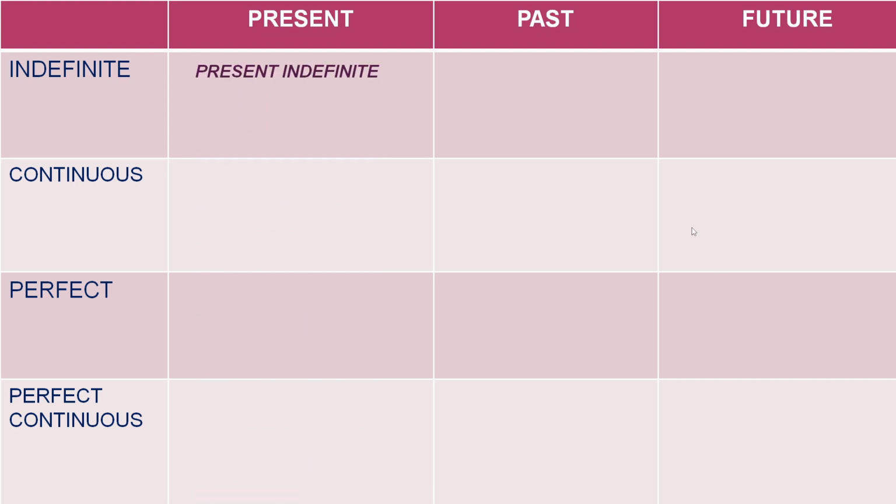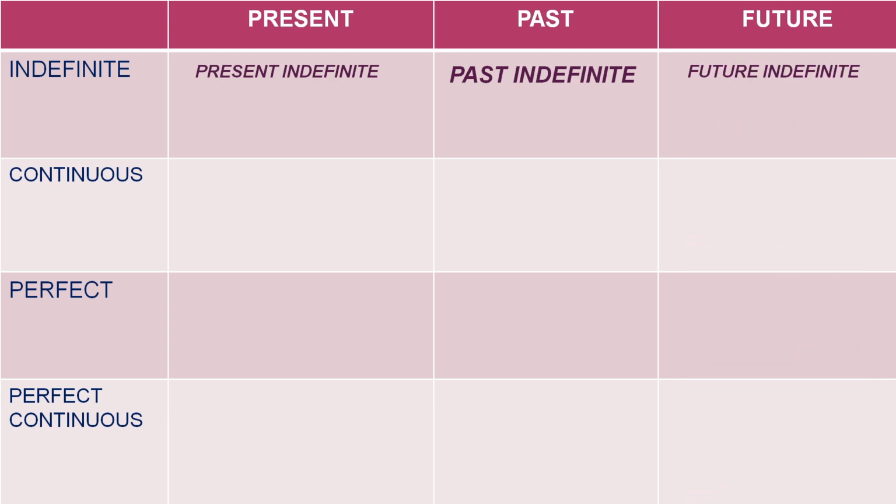So what will it be? It will be present indefinite. Then if we do the same in this part, from the upper part past, and from this side indefinite, it will be past indefinite. Then in this part we take the word from the upper part, that is future, and from this side indefinite, so it will be future indefinite.